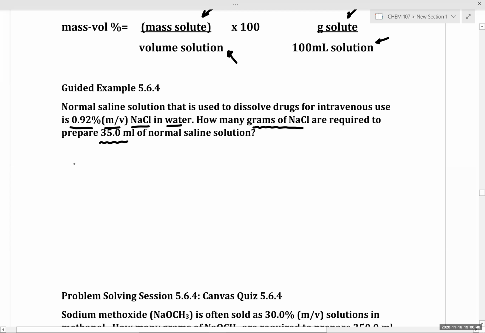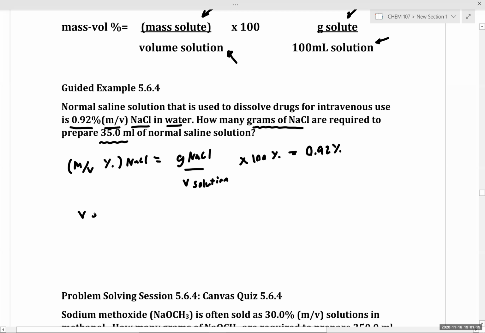Okay, so we know our mass over volume percentage of sodium chloride. It's equal to the grams of sodium chloride over the volume of solution times 100%. And we know our mass over volume percent is 0.92%.